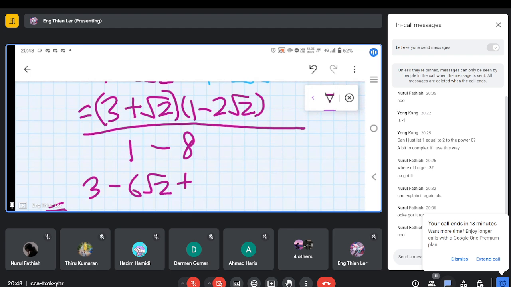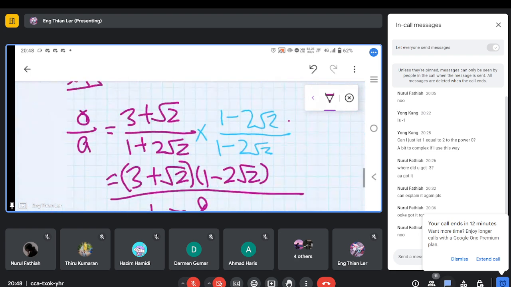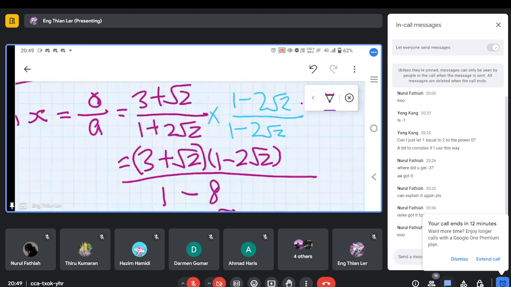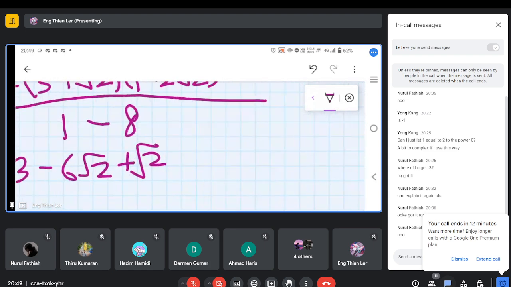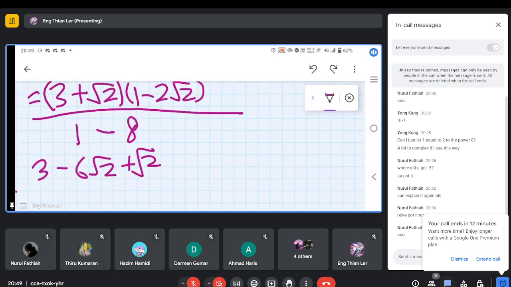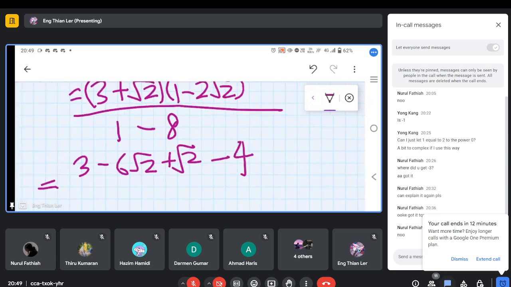And root 2 times negative 2 root 2 is negative 4.